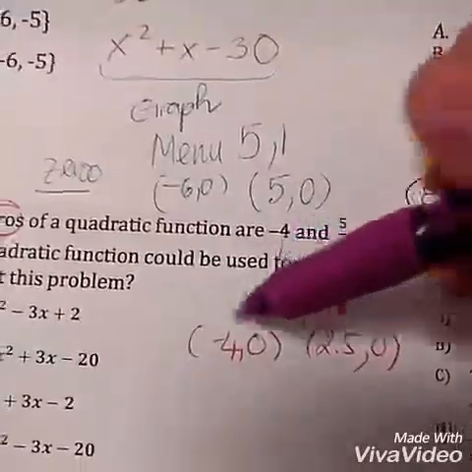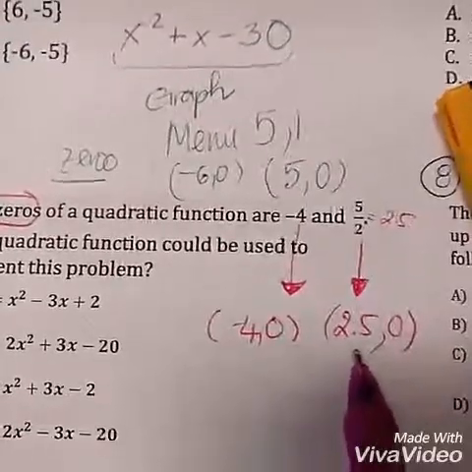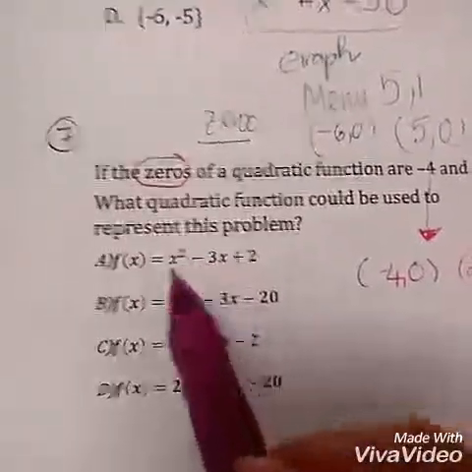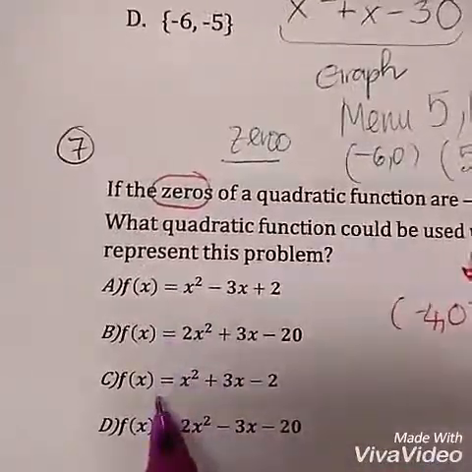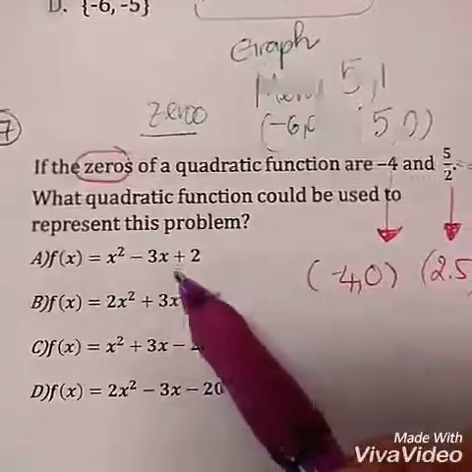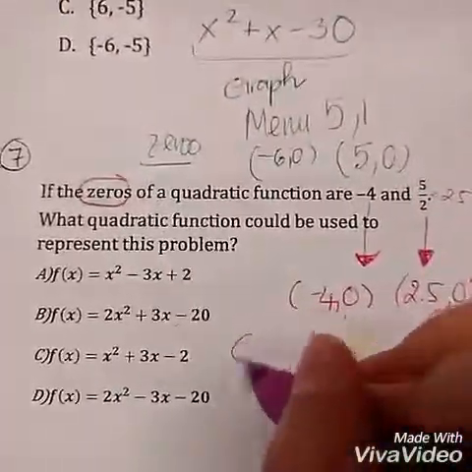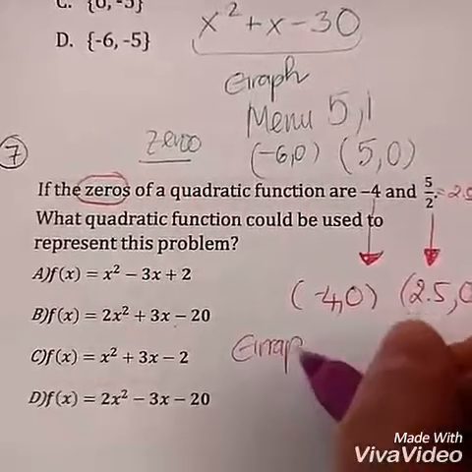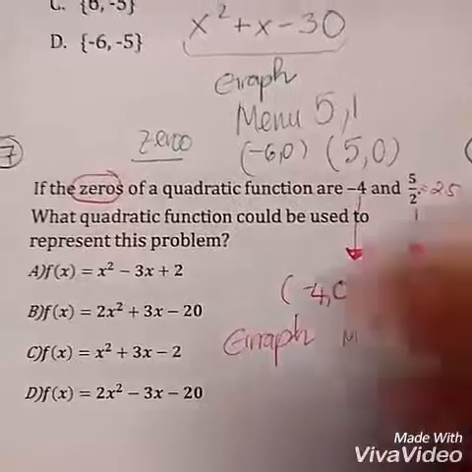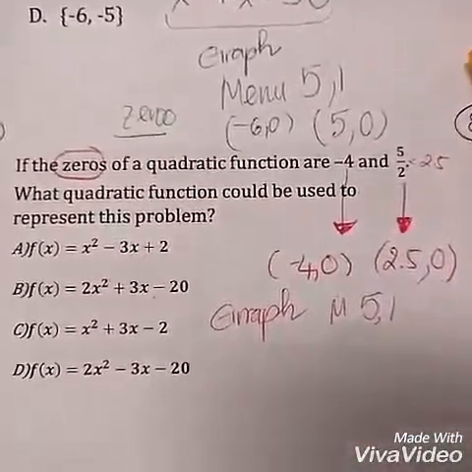And then I'm just going to rewrite them in the zero form, which is -4, 0 and 2.5, 0. So what we do next is grab each of the equations and then trace, magnify 1 again. Whichever equation gives you the same zeros is going to be your answer.